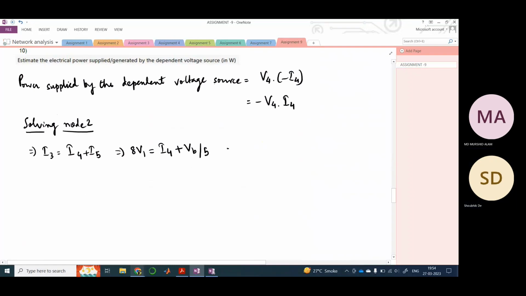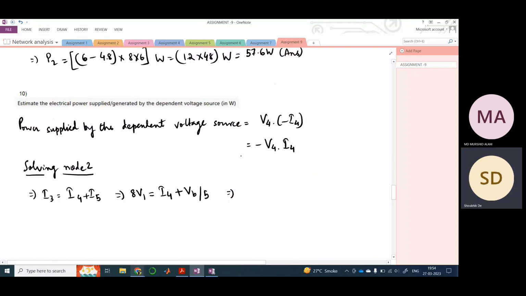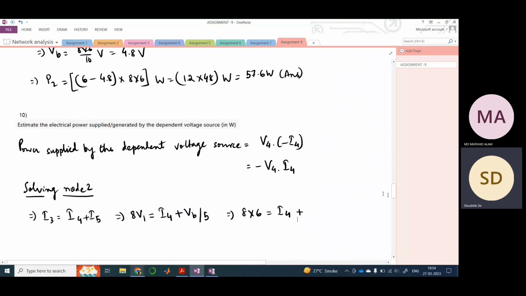Now we know V1 and VB, which we just calculated. V1 is 6, and VB is 4.8, so 4.8 divided by 5.